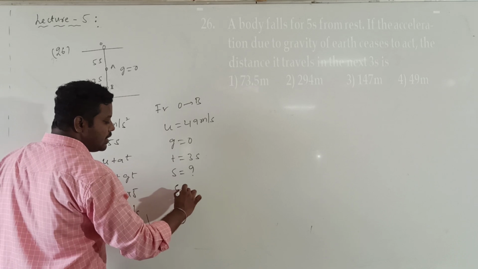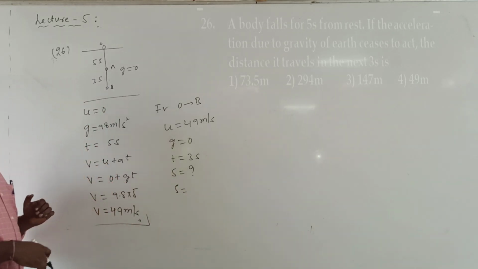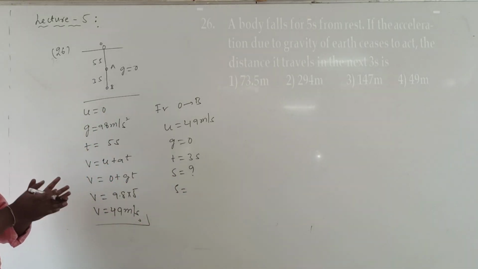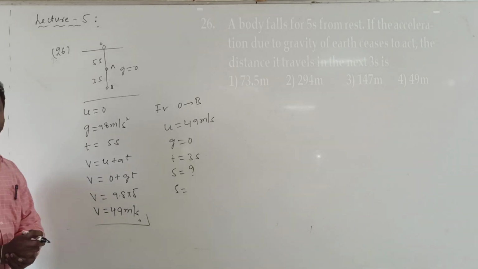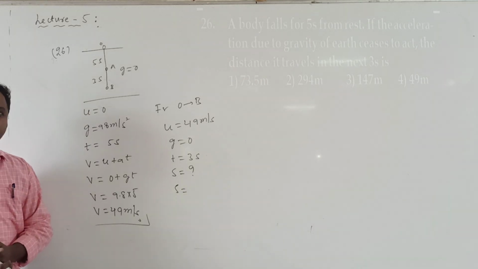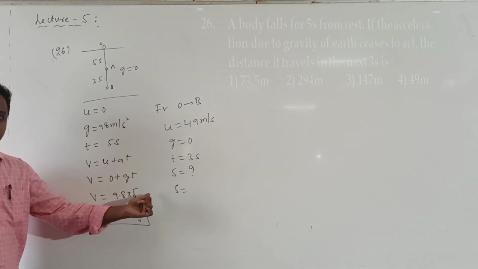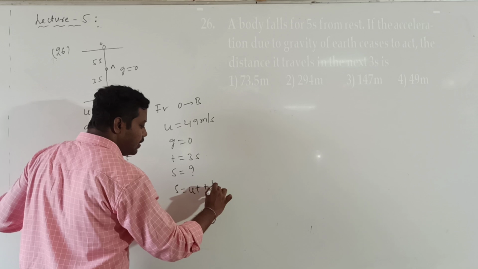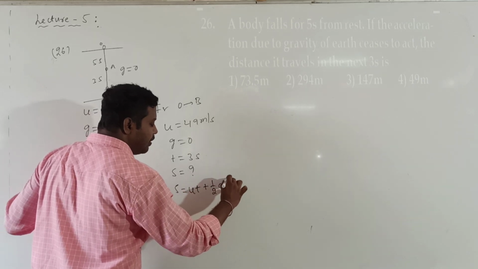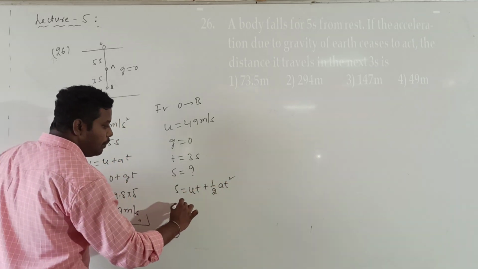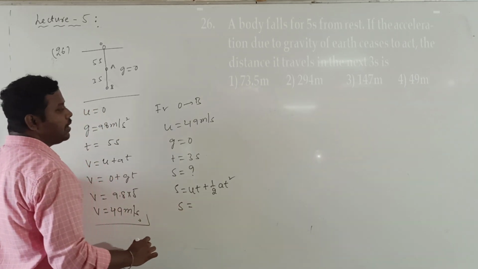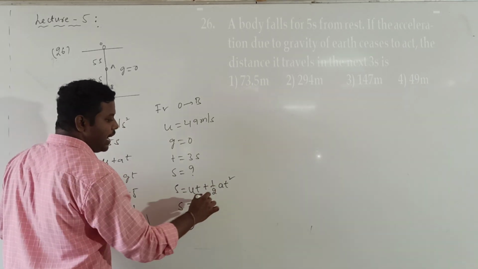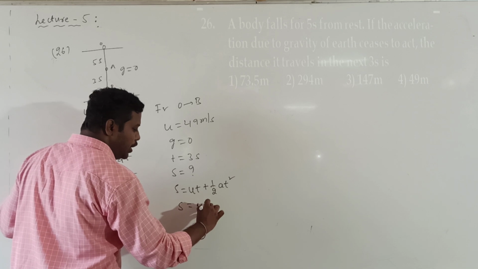To calculate the distance travelled, which kinematic equation do we select? Based on the given data, we need to select the equation. Then s is equal to ut plus half a t square, the second kinematic equation. Then s value will be given by how much? u value, and a value, or g value, is 0, so that is directly u into t.